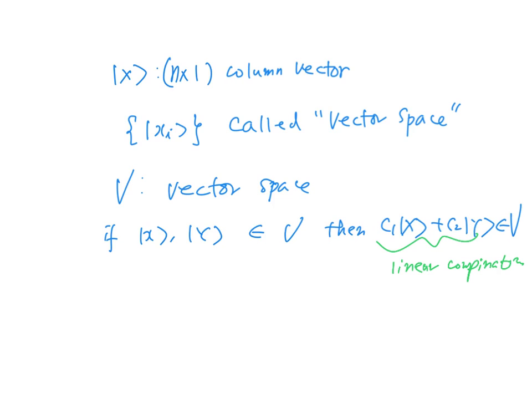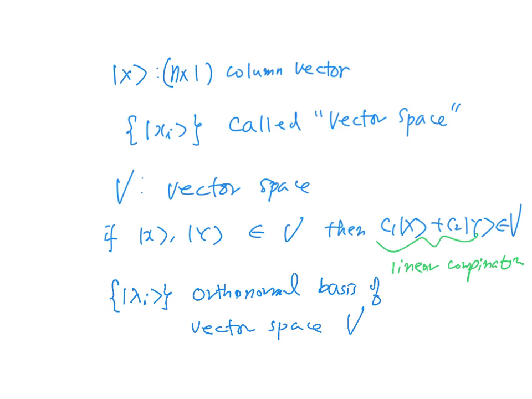And we sometimes call this lambda I the orthonormal basis of a vector space.